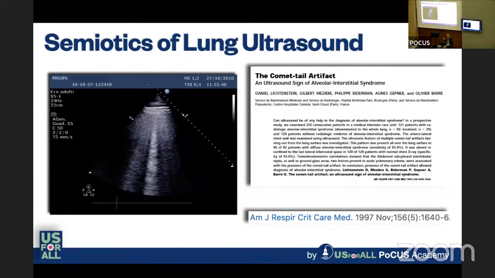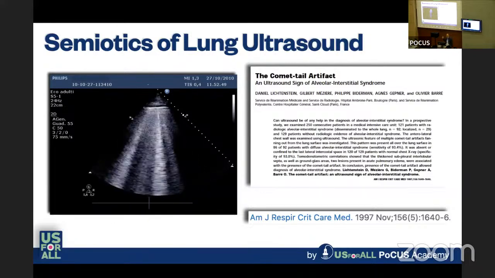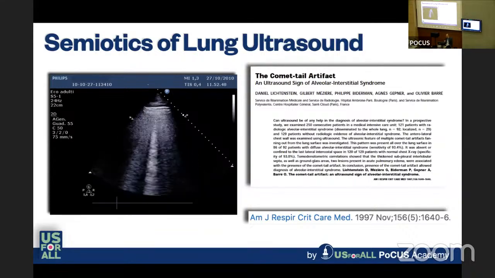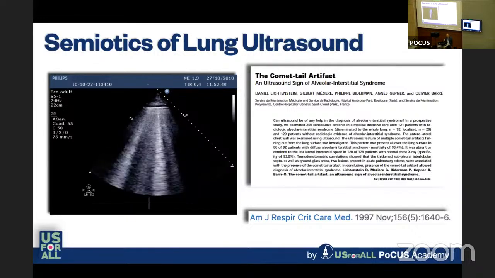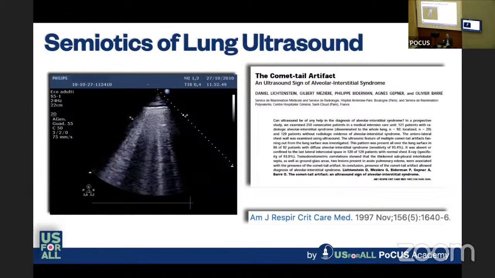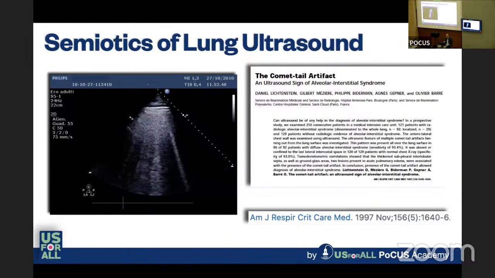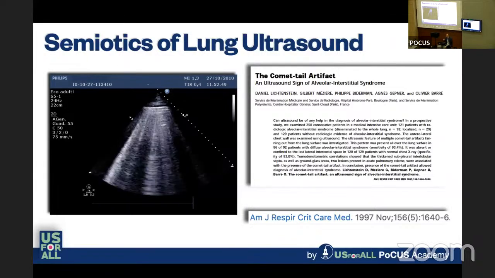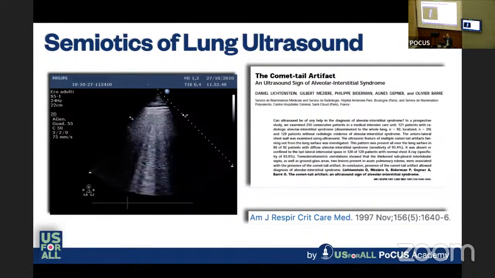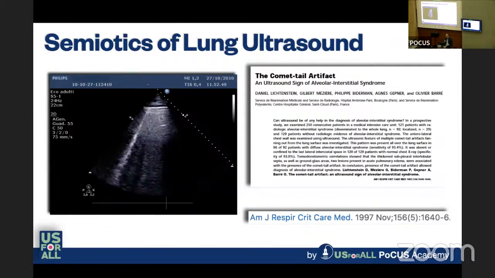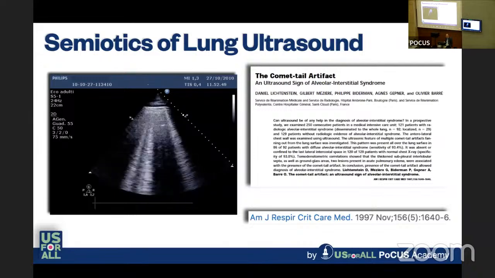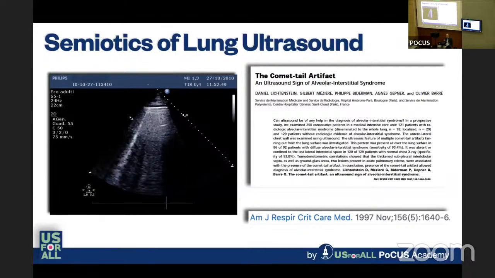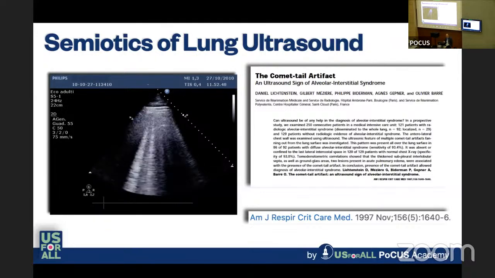For instance, this was demonstrated in this paper that we consider the first paper published demonstrating that lung ultrasound artifacts may be used in clinical practice to demonstrate a condition, a pathology of the lung. So sometimes what happens is that we have echoic vertical lines that are called B lines, and these vertical lines are the sign of a pathologic condition of the lung.